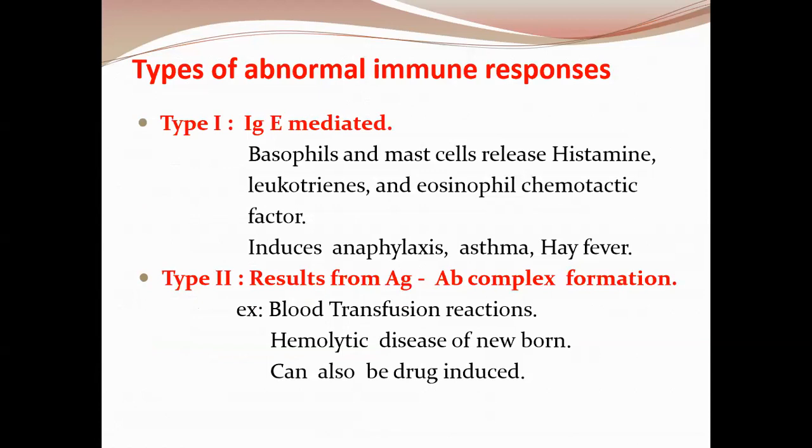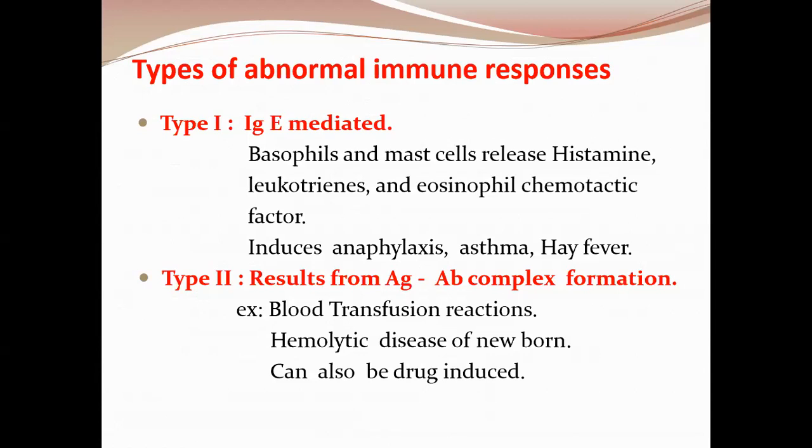It is an immediate IgE mediated abnormal immune response or hypersensitivity reaction. The signs and symptoms of type 1 occur within a few minutes due to release of histamine, leukotrienes, and eosinophilic chemotactic factor, which results in anaphylaxis, asthma, hay fever, and urticaria. These presentations with an immediate onset may require immediate medical intervention. Otherwise, it may become an emergency leading to death due to anaphylaxis.